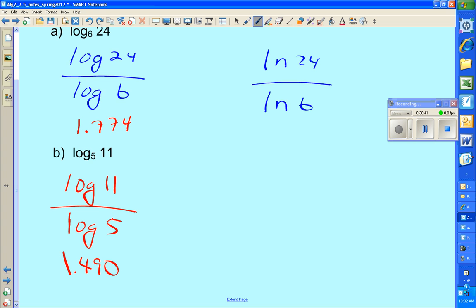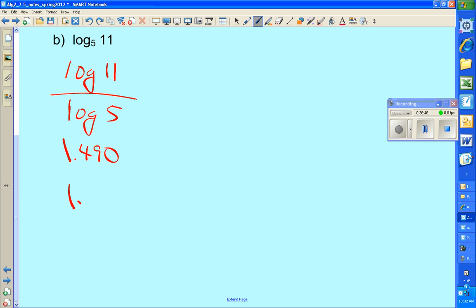Okay, is that wrong? Yes, because you're not listening. If you write 1.49, is that what you want to write? No. Okay, tell me what to write. I don't understand what you're trying to do. My question for you, because you're not getting this as your answer, is that accurate? I mean, I can write that as my answer.